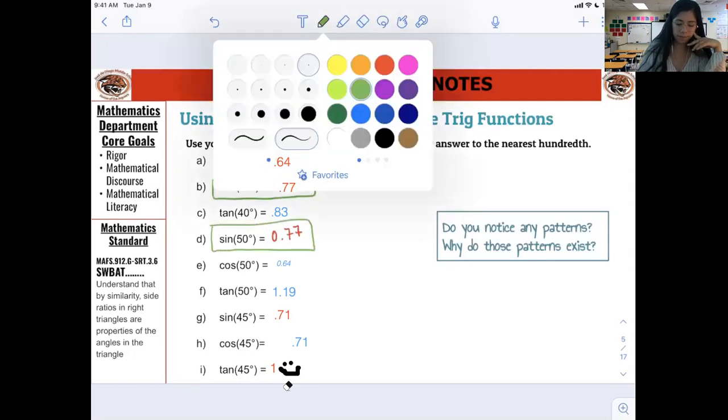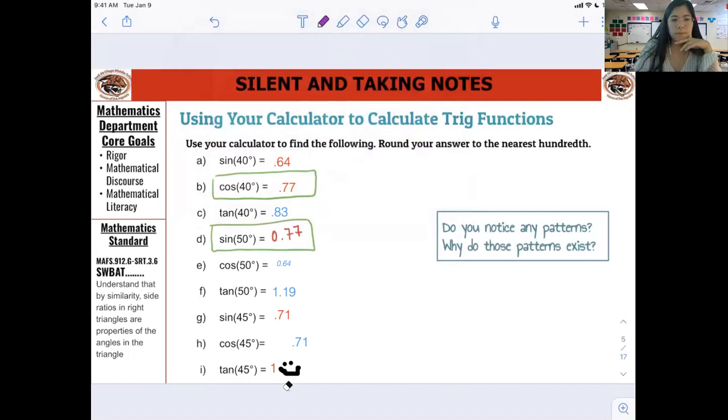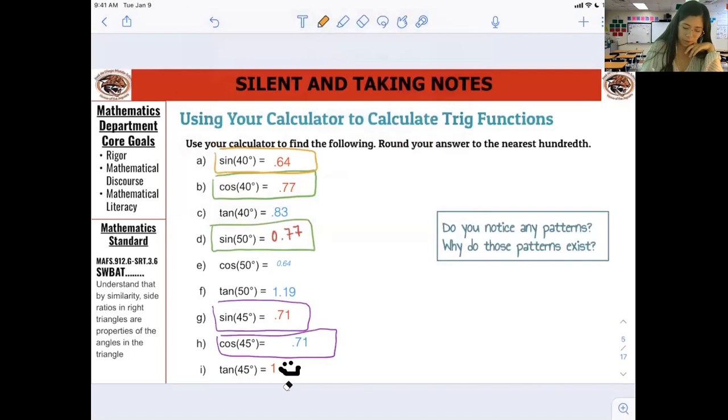What else? Sine of 45 and the cosine of 45 are also the same. Any others that are the same? Good. Cosine of 50, sine of 40. Cool. Good.